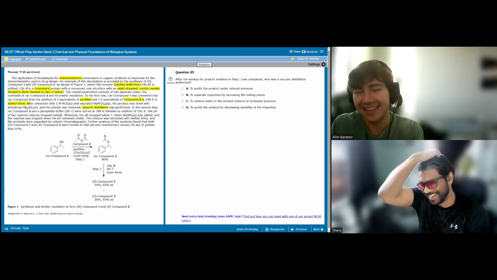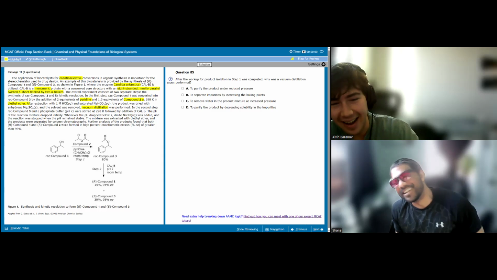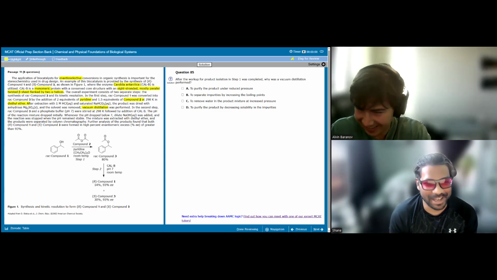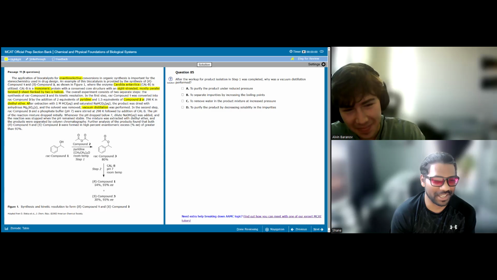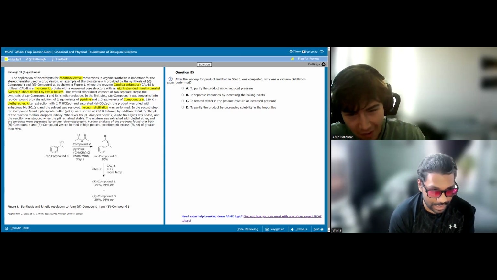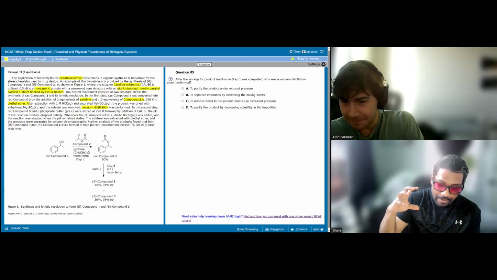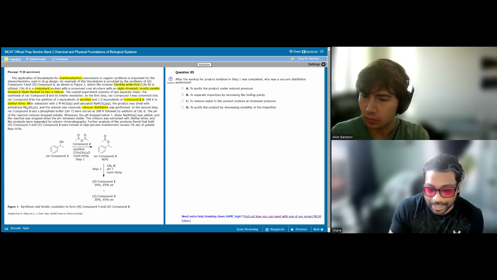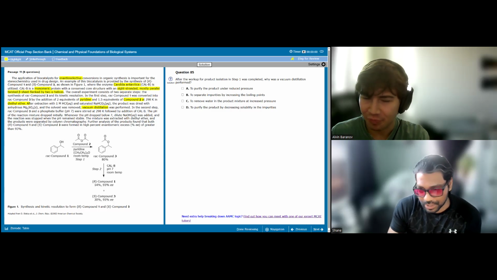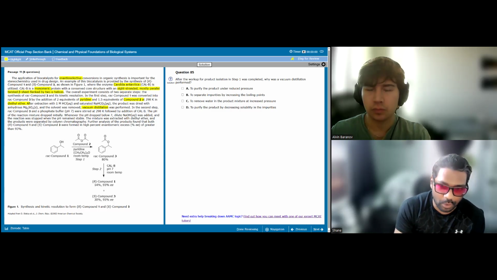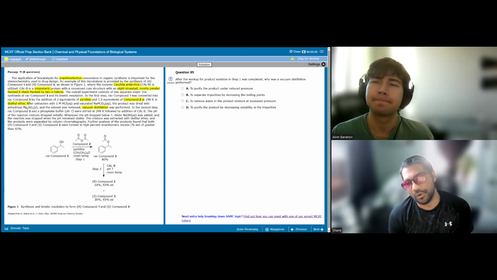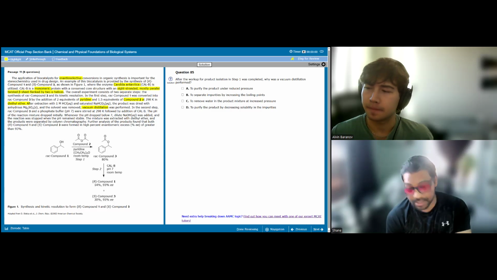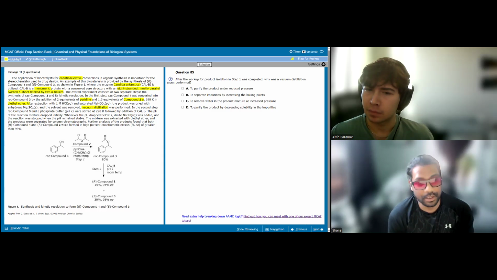So it takes advantage of the differences in solubility between two layers. You could have largely an aqueous layer and an organic layer. So out of all the different separation techniques, your polar versus nonpolar is the most relevant for this one, because you're taking advantage of the different solubilities.